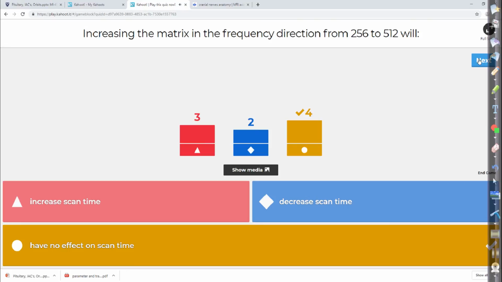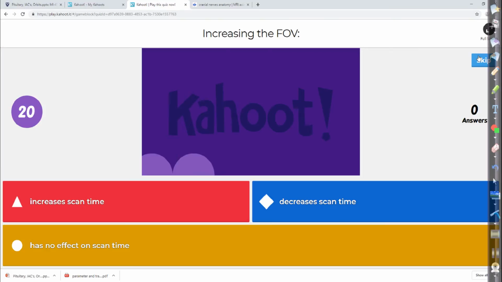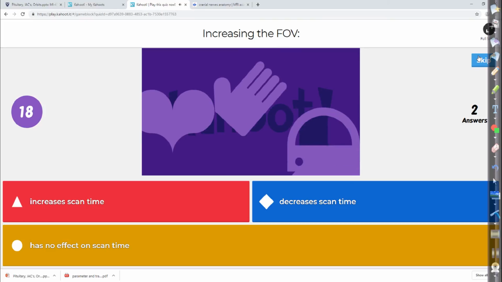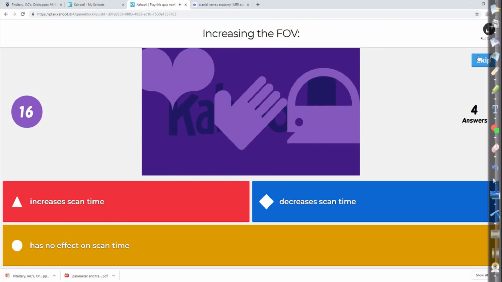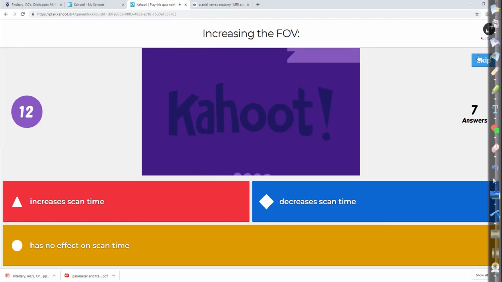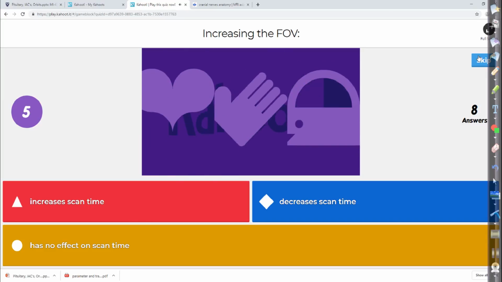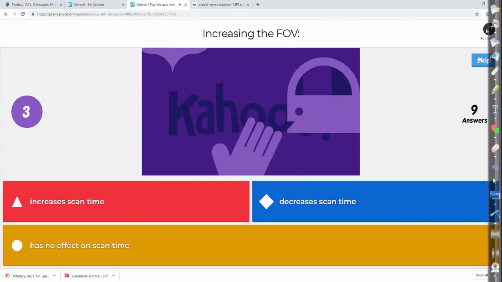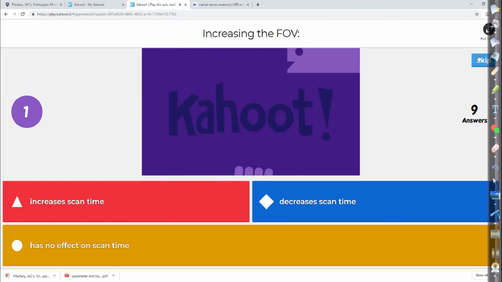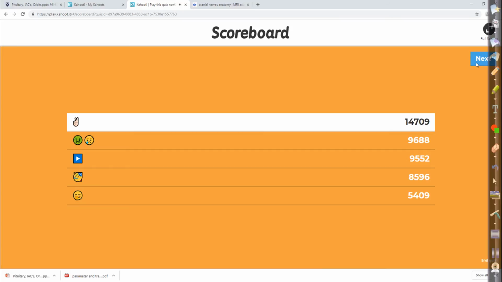Frequency, not part of the scan time equation. Field of view, not part of the scan time equation.